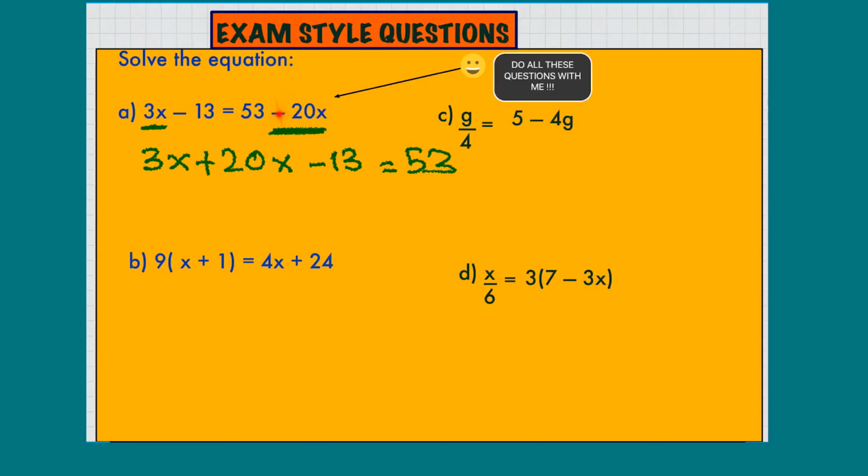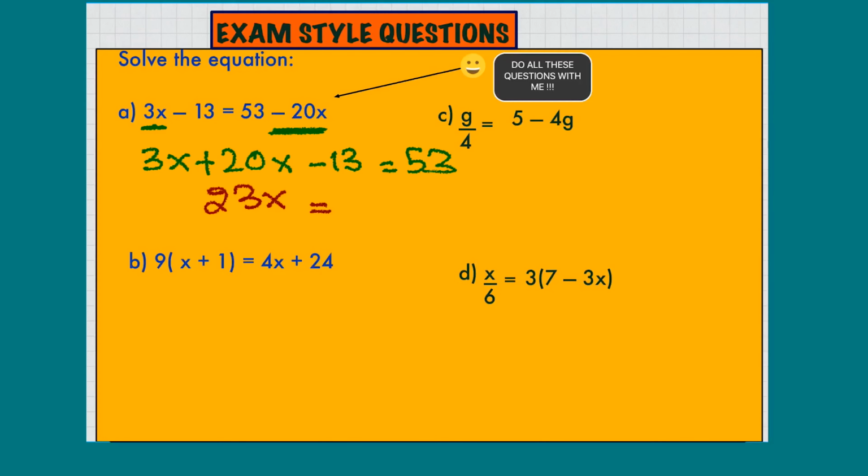What I've done is just brought 20x to this side. It was minus 20. The signs are always to the left of the term, or a number or a digit or a variable, letter or an alphabet. The signs are always to the left of it. So minus 20x becomes plus 20x, then 3x plus 20x is 23x. Now minus 13, I'm going to take it to the right side.